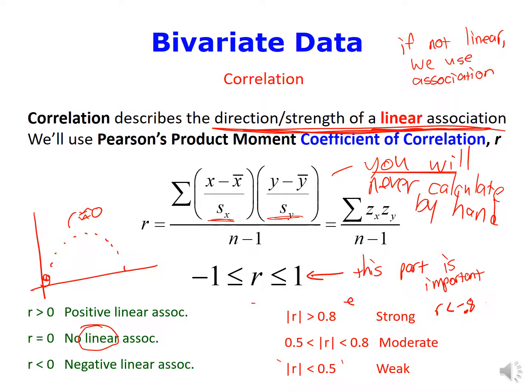So r is greater than positive 0.8 or less than negative 0.8. Same idea for the other two. And these are just rules of thumb. There's no law that says that 0.8 is the cutoff for a strong correlation. That's just the rule of thumb that we follow.